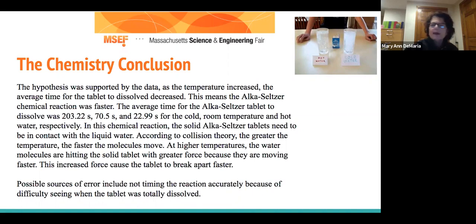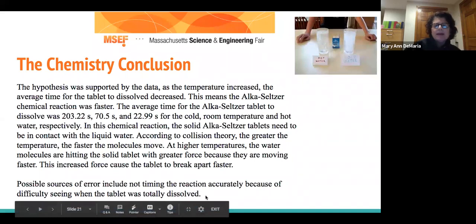Errors are always in measurement, not usually measuring something accurately or precisely, but they like to say, you know, not putting in the exact same amount of water. But the second paragraph should be a little more detailed. There should also be maybe where else can we go from here? So I just wanted to point that out.